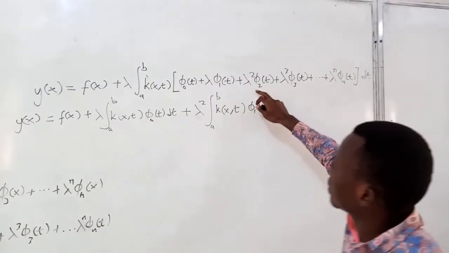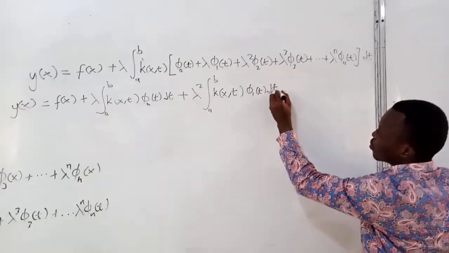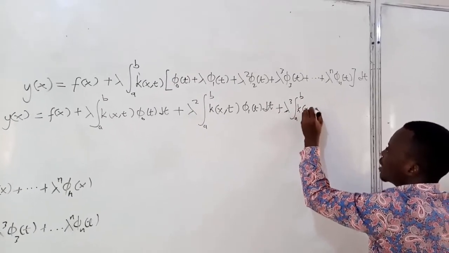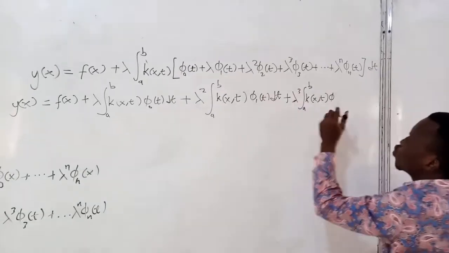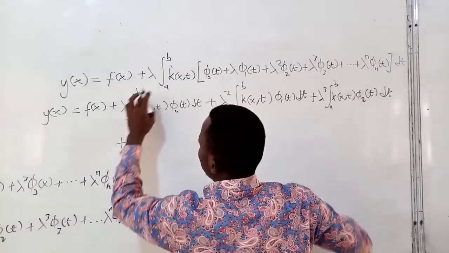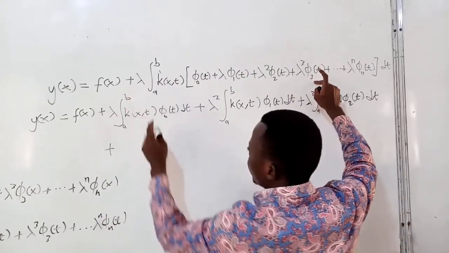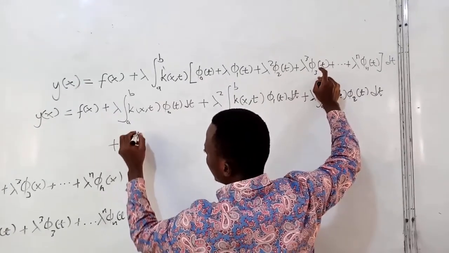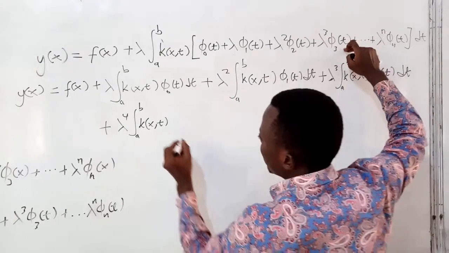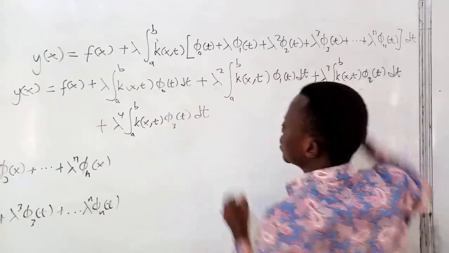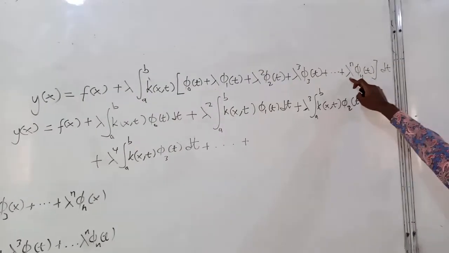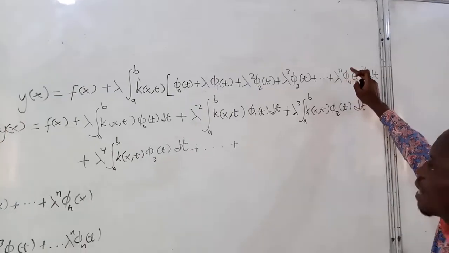Then this lambda times the third term will give me lambda cubed. Plus lambda cubed integral from a to b, K of s,t, then phi 2 of t dt, plus then this lambda times the fourth one gives me lambda to the power 4 integral from a to b, K of s,t, then phi 3 of t dt, plus ... plus this lambda times this lambda will give me lambda raised to the power n plus 1.